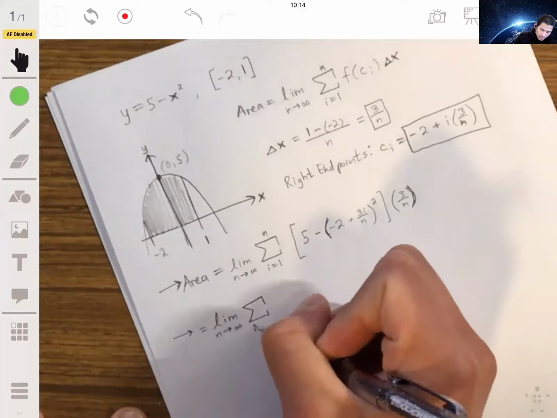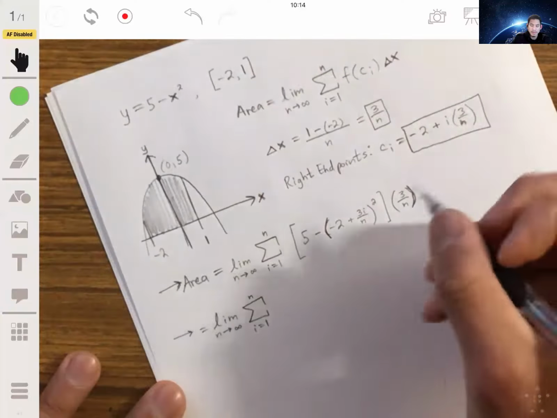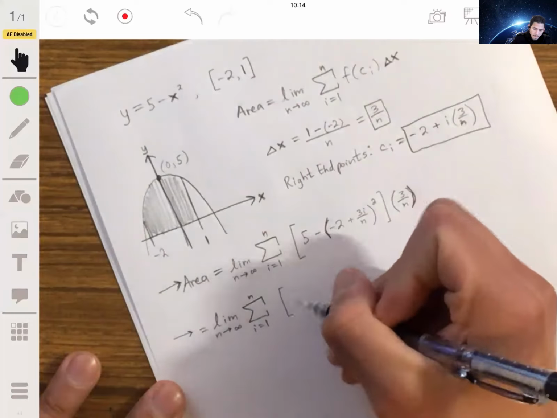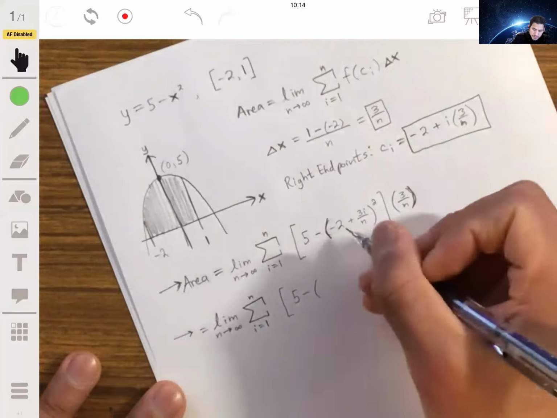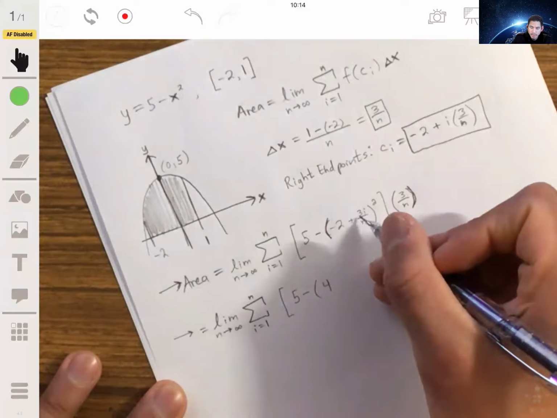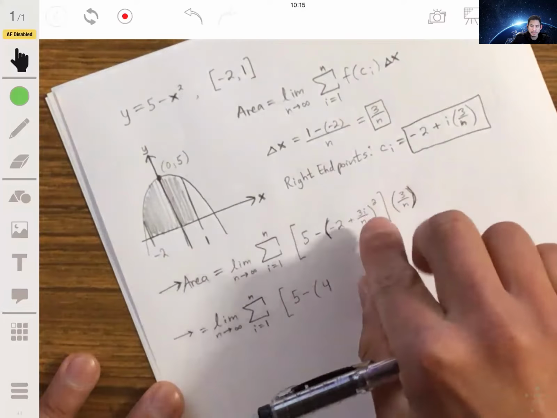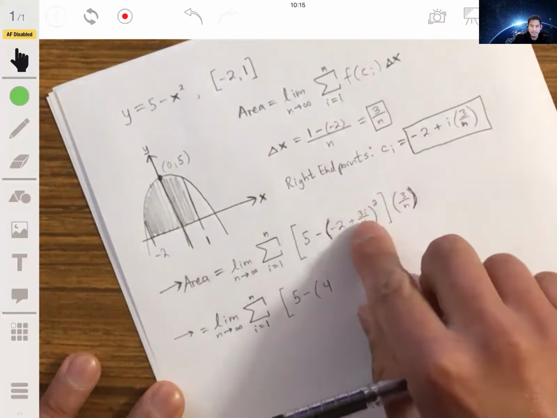So rewriting the Riemann sum, squaring this: 5 minus, so -2 times -2 will be 4. Remember, we're basically foiling this. I'm kind of doing it mentally, but you can always write it out if you would like.